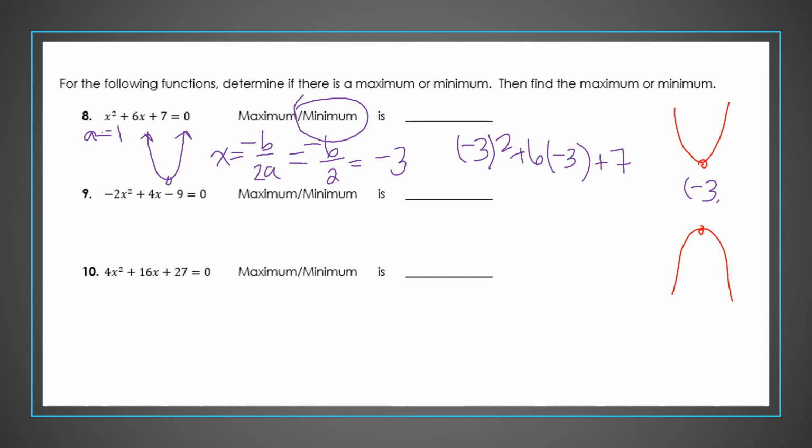You can use your calculator, you can do mental math, whatever works best for you. That would be 9 minus 18, which would be negative 9, and negative 9 plus 7 would give us negative 2. So our vertex is negative 3, negative 2, and so the minimum is negative 2.